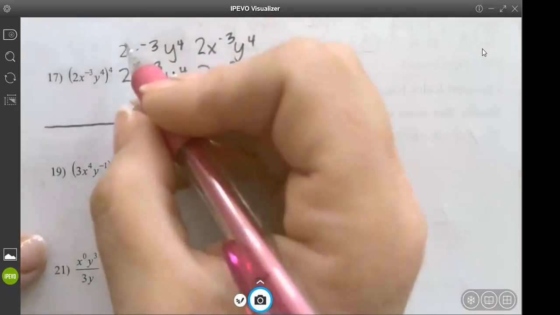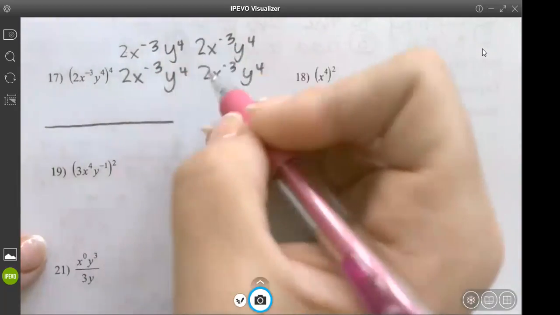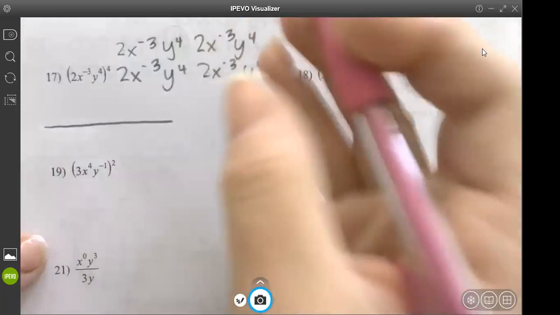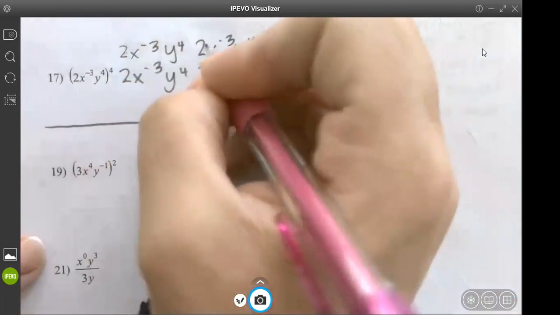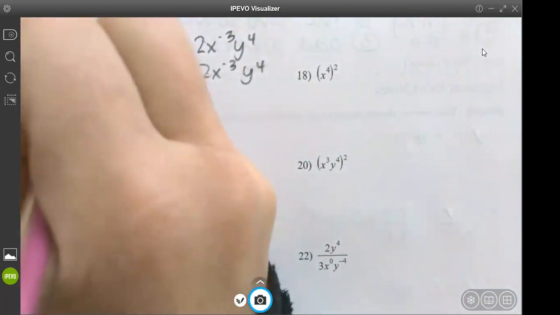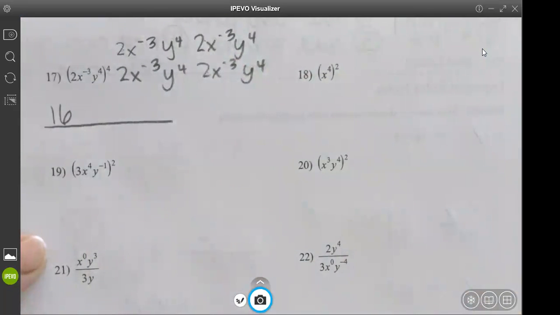If it's positive, it stays on top. So 2 times 2 times 2 times 2, all of our 2's. So 2 times 2 is 4, times 2 is 8, times 2, I'm going to go ahead and put it together to be 16.